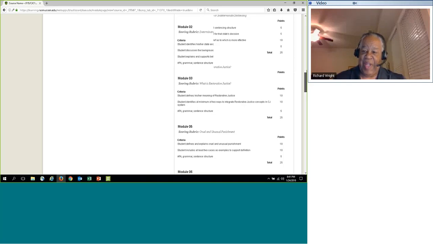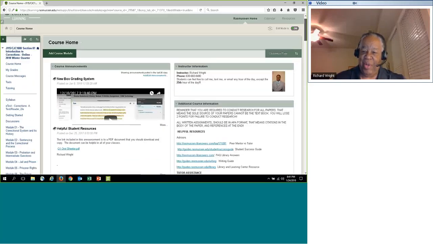As a matter of fact, if I scroll up some more, you can see right here, all written assignments should be in APA format. And that means citations in the body of the paper and references at the end. Not or, but and. And then also, you should have citations throughout your paper.